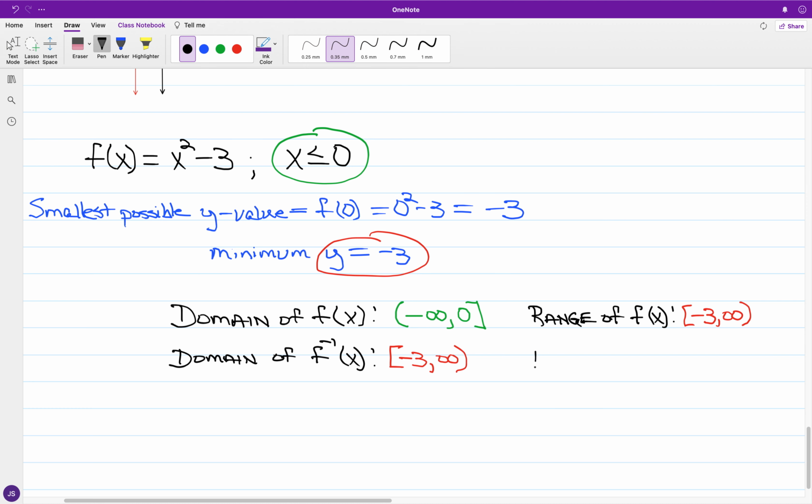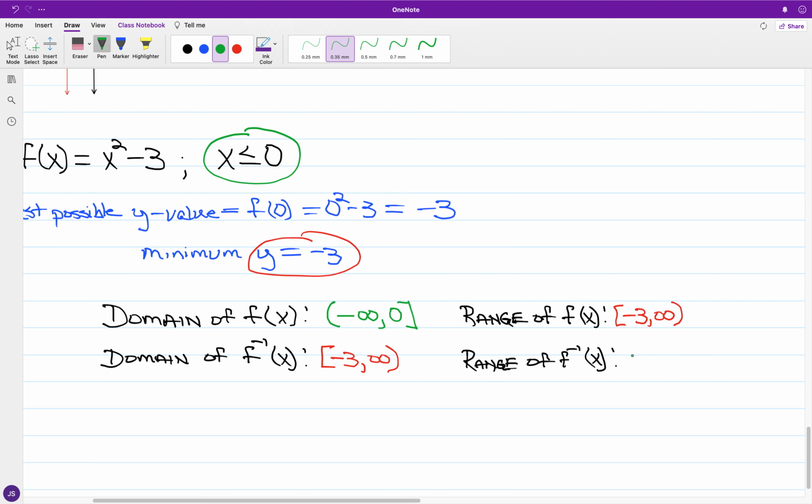And for the range of the inverse, again, what we're going to have in y is what we had in x for the original function. So we have from -infinity up to and including 0.